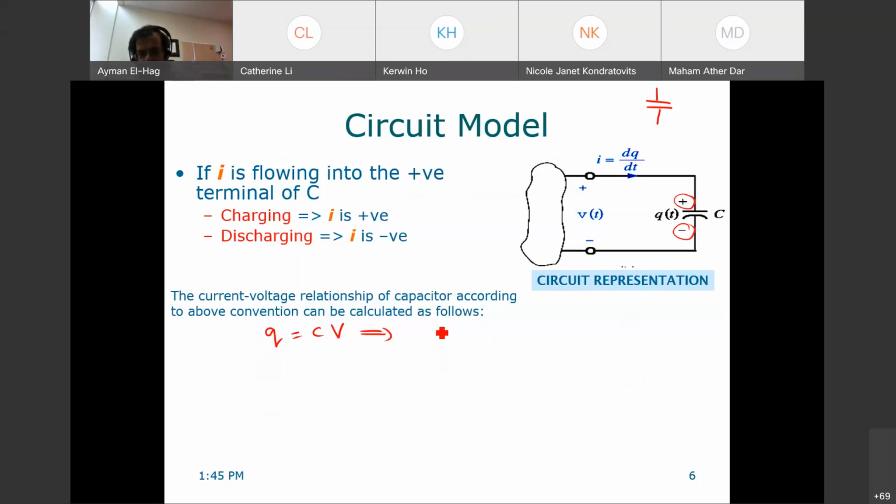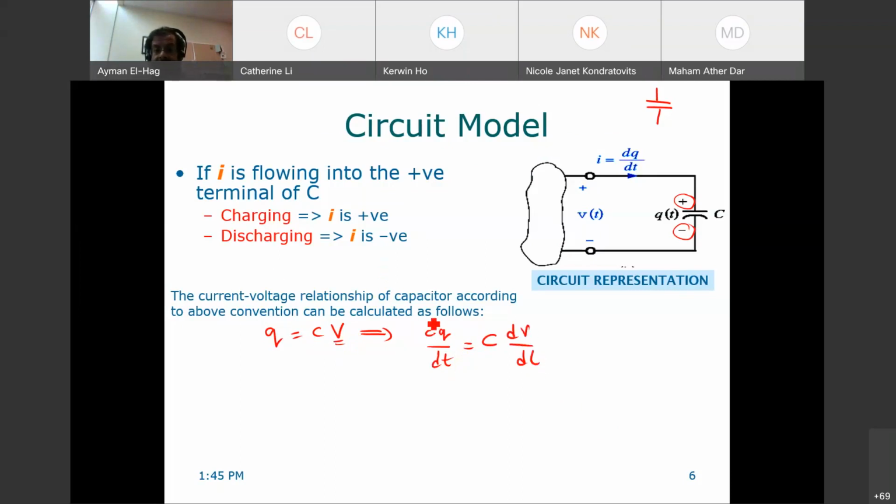So this becomes dq by dt equal to... Now, C doesn't change with time. C is the capacitance; as we have seen, it's a function of two things: the dimension of the capacitor and the material of the dielectric between the two electrodes. So this stays as it is. When you multiply by a constant, this doesn't change. Then we have the voltage, so this becomes dV by dt.